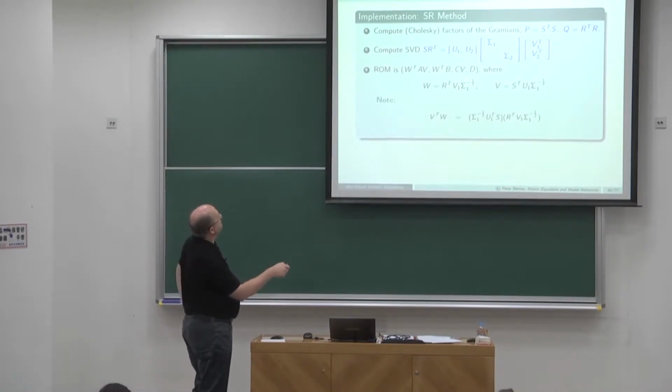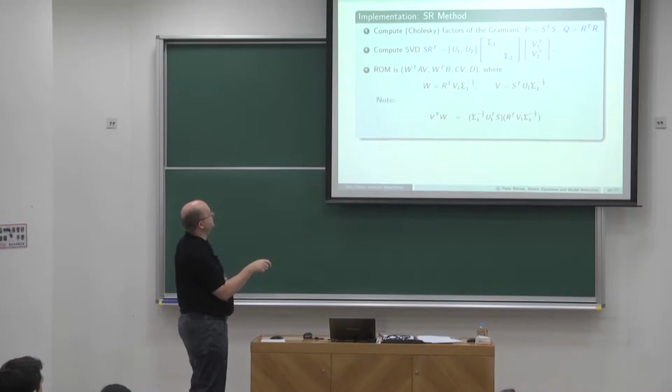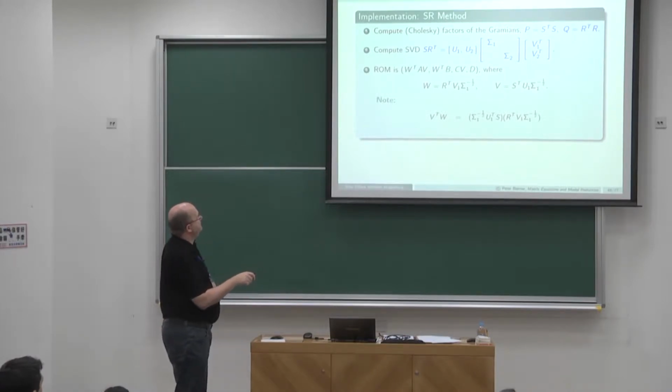So you pick out just the first r singular vectors, and the Hankel singular values that remain in the reduced order system are in sigma 1. And the same you do for V.